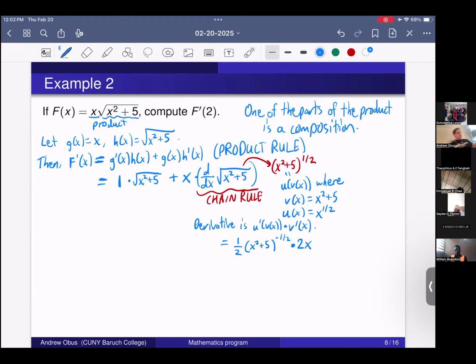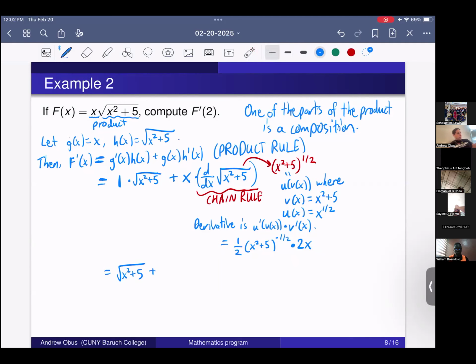So this part of the product rule all comes over here: 1/2 times x squared plus 5 to the negative 1/2 times 2x. Okay, you're back. So let's just simplify it all. We have square root of x squared plus 5 plus, and now we have x times all of this.